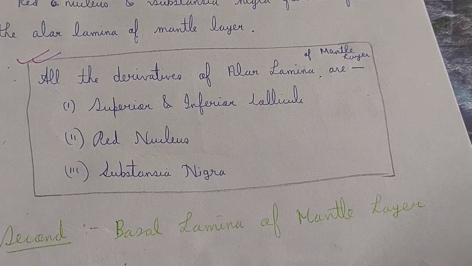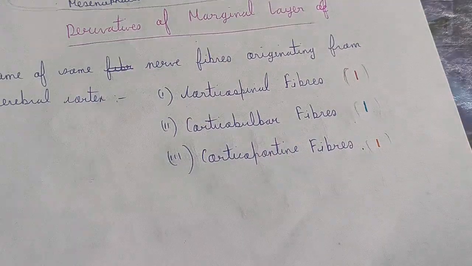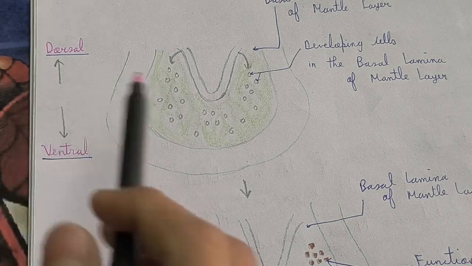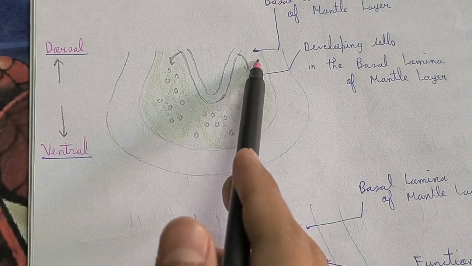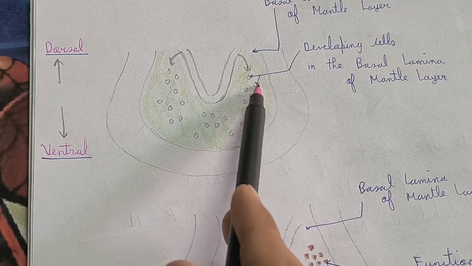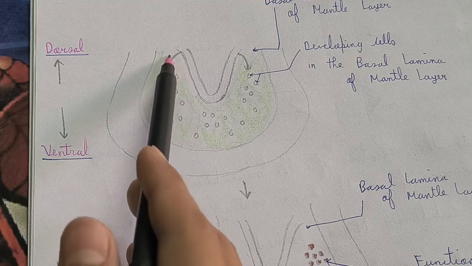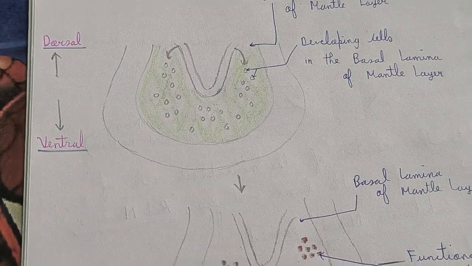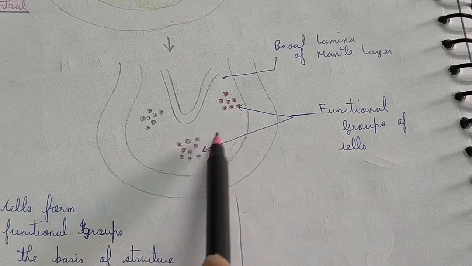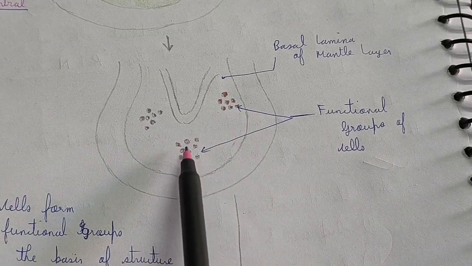Now I want to discuss the derivatives of the basal lamina of the mantle layer. Here again, ventral and dorsal. This is the basal lamina, and in this basal lamina there are some developing cells of the mantle layer. They are migrating ventrally, and the developing cells are classified into different groups.